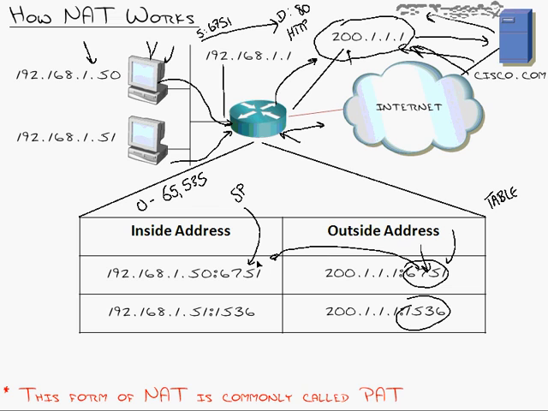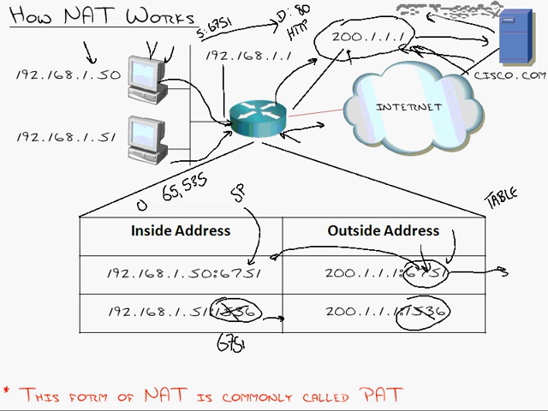That's a good question. Well, let's say that 51 and 50 both chose, instead of this guy choosing 1536, he chose 6751 as well. A 1 in 65,000 chance that he chooses that, but voila, he chose it. When that reaches the router, whoever gets there first, there will be some kind of millisecond difference, will get the 6751 going out on the public.